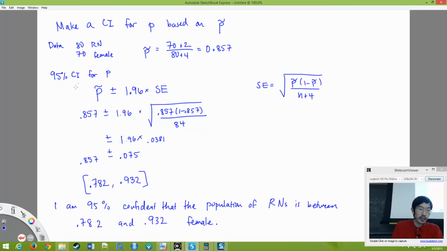We're just going to learn the 95% confidence interval for p based on p tilde. If you wanted to change the confidence level from 95% to something else, it's not as simple as just changing this 1.96. You actually have to change the way you calculate your Wilson adjusted sample proportion, and it just gets too messy.